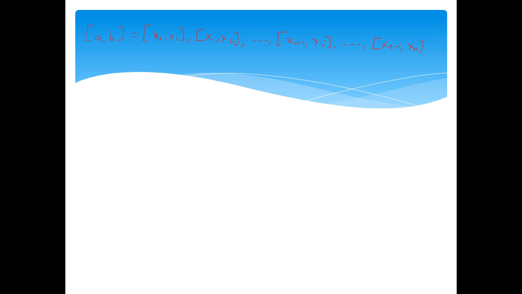Then we're going to define delta x, delta x here being the width of the subinterval. Delta x is going to be (b minus a) over n. We're going to define i to be a number from 1 up to n.